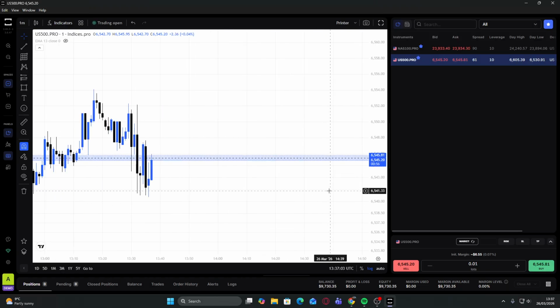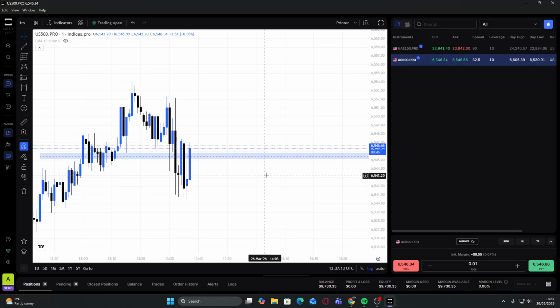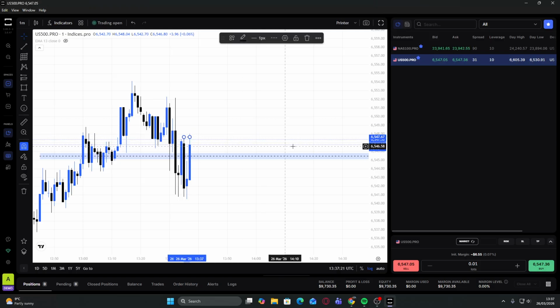Boom, boom, boom, boom. Right, we're about to get this market structure shift on the 1 minute. Right here. There's the MSS. Or change of character, whatever you want to call it.